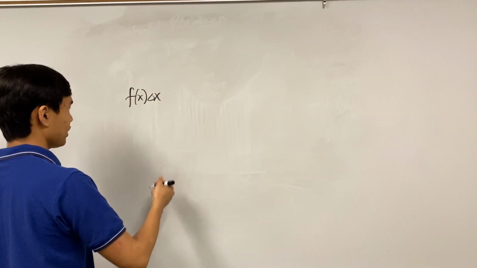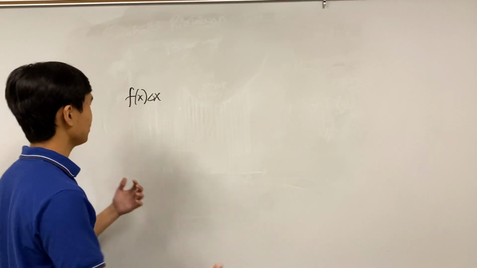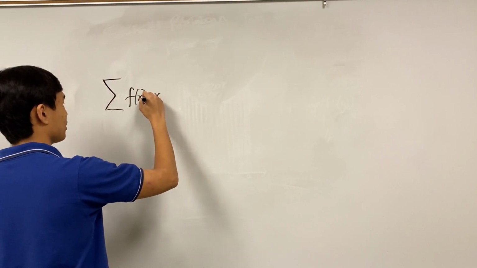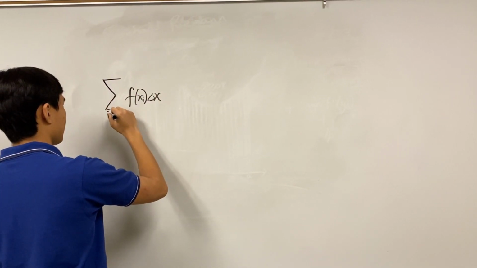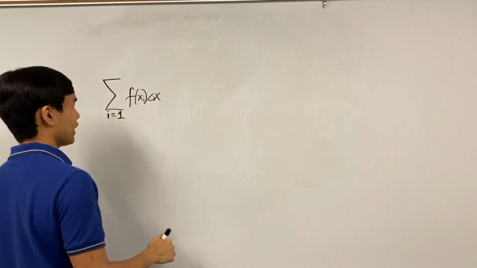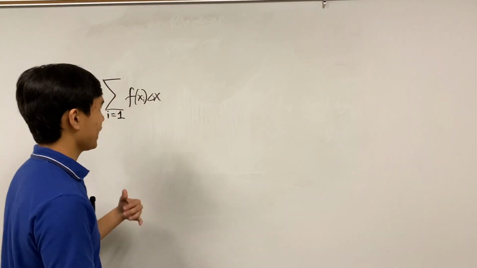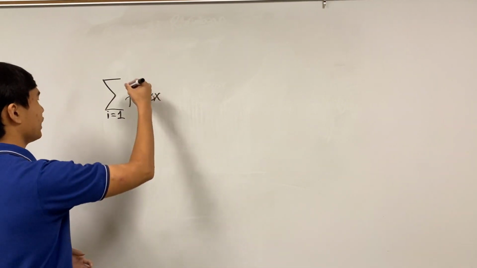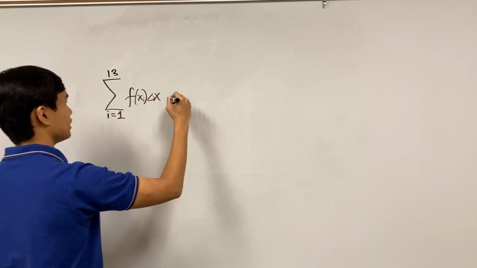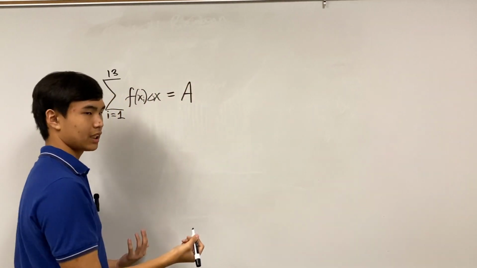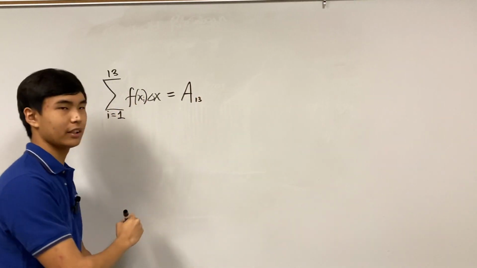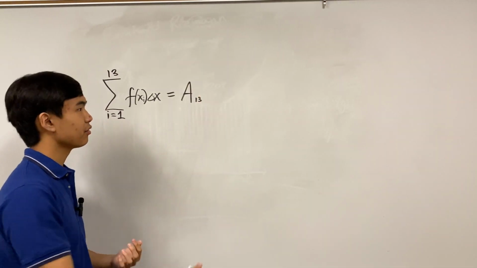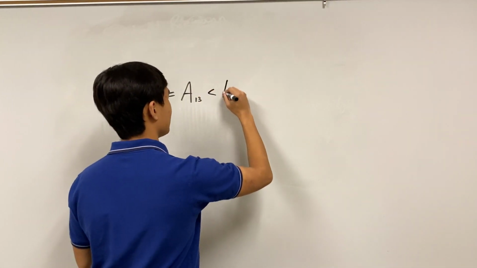And in the clip where we summed 13 rectangles, we had 13 y values that we made rectangles out of and summed to get an approximation with 13 rectangles, which, by the way, because they were all under the curve, were less than the real area.